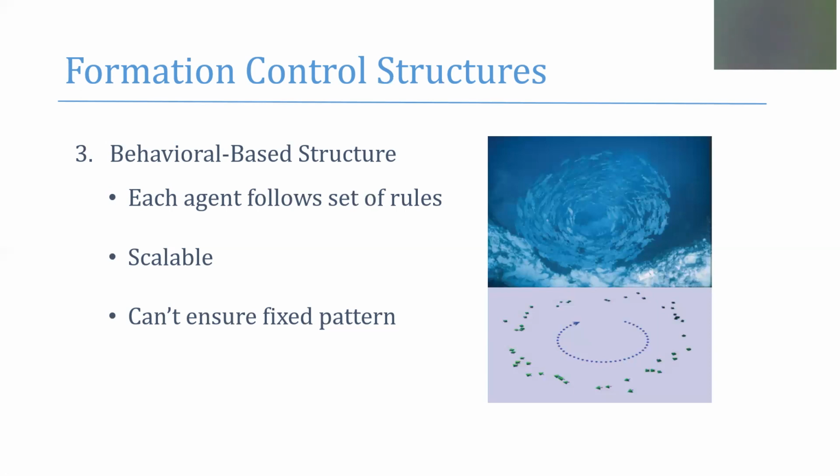Now let's consider the advantages. One of the main advantages is that a behavioral-based structure is easily self-organized, since each agent has to follow a set of rules and knows the objective, trajectory, or destination. Also, one of the most important advantages in such a structure is scalability, which can be seen when increasing or decreasing the number of agents in the formation.